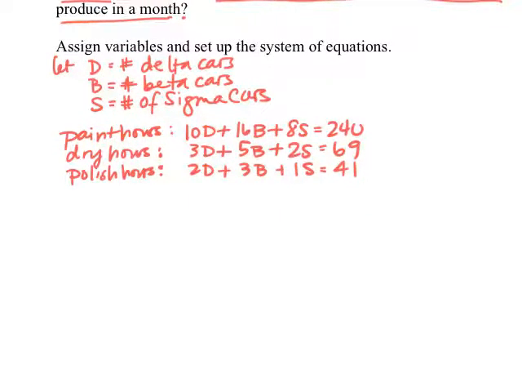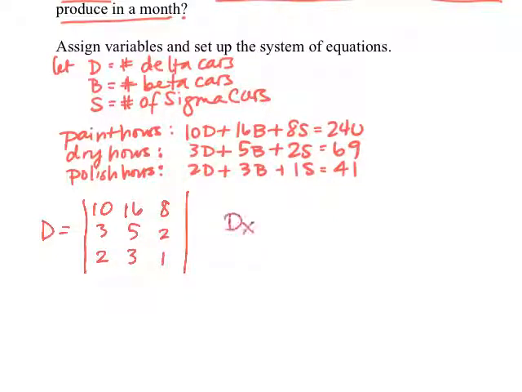And that means we have to identify what our capital D or your denominator is going to be, which is your determinant of the coefficient matrix, which is this right here. Then we need D sub x, which is taking your X column. Actually, I shouldn't call it X, should I?